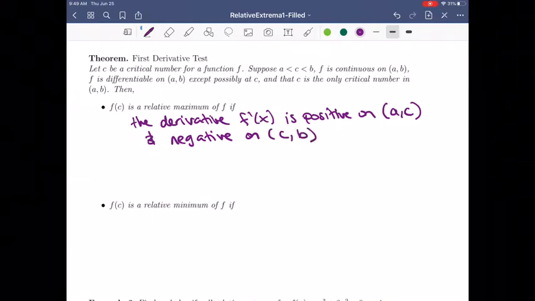In your table, c would be where you split, and it would be positive, so increasing, and then negative, so decreasing.